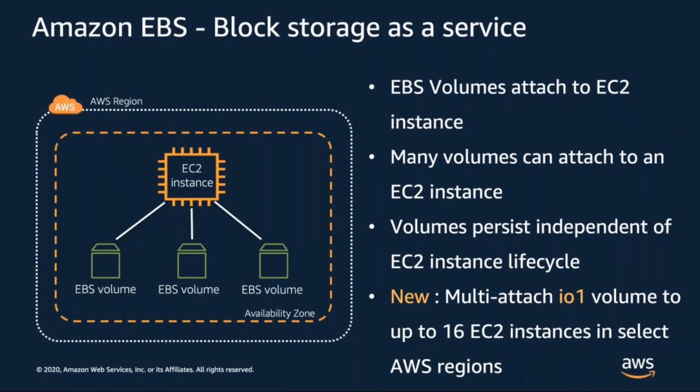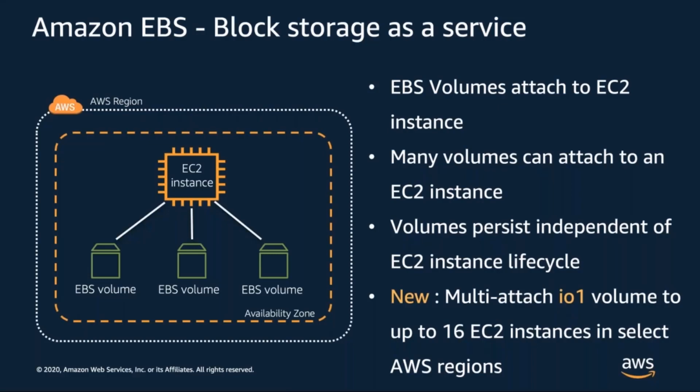EBS volumes attach to the EC2 instance, which means, as we discussed before, they persist independently from the life of your instance. If an instance happens to go down, your volume remains. Many volumes can be attached to an EC2 instance.